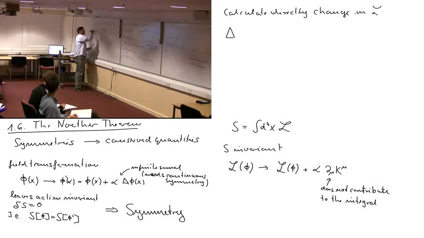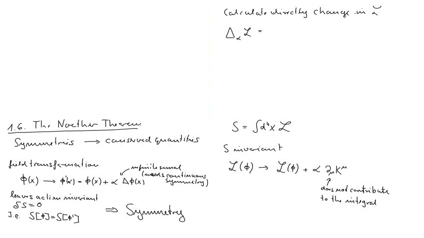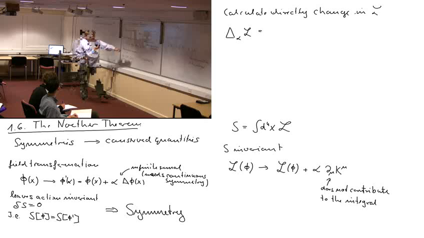Well, we call the change in L delta alpha of L. And we simply calculate it by plugging in our field transformation and using the fact that we have made a very small one.